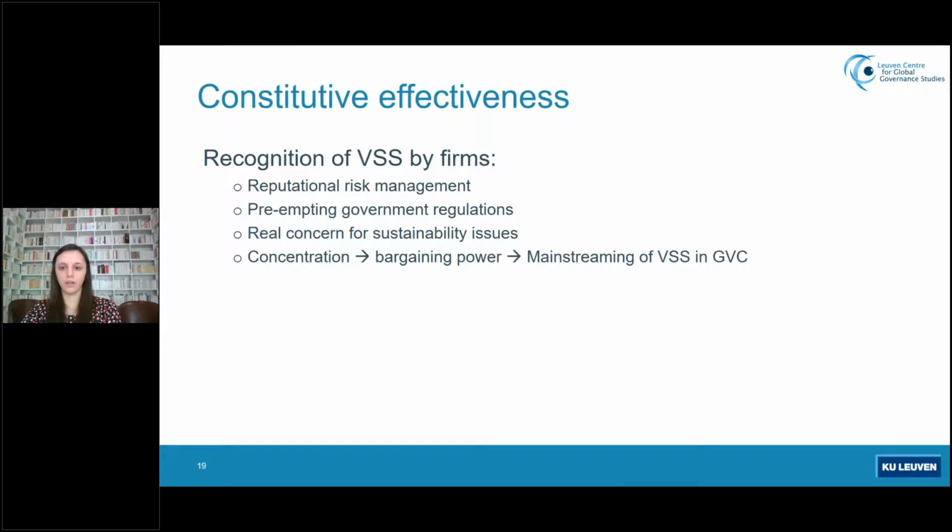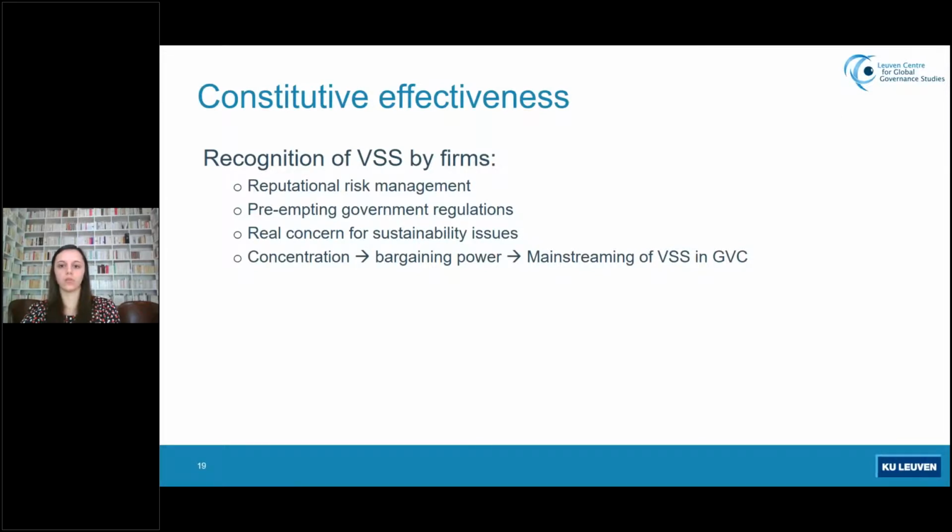It mainly relates to the fact that VSS are good tools for firms to manage reputational risks, so avoid naming and shaming campaigns from NGOs and the public, and preserve their image. And then they also recognize VSS because it's a good way to preempt government regulations, as I explained, and also because of a real concern for sustainability issues, even though, as we saw, this is not very often the case.